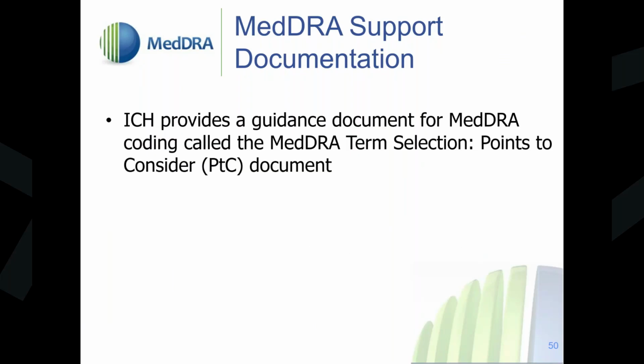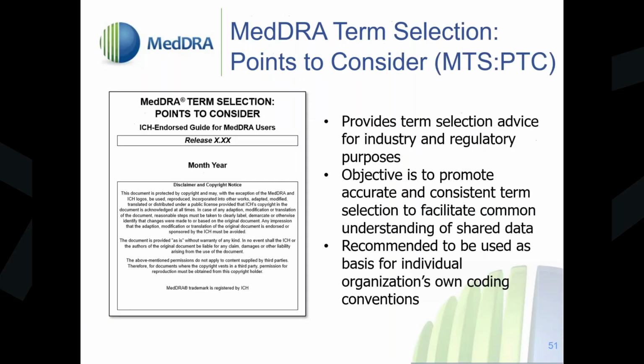They have a document titled MedDRA Term Selection: Points to Consider. This is a term selection guidance, meaning a coding guidance, because coding in MedDRA is basically selecting a MedDRA term. These ICH endorsed guidelines provide selection advice for industry and regulatory purposes.